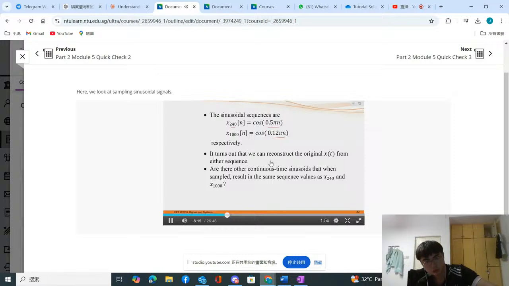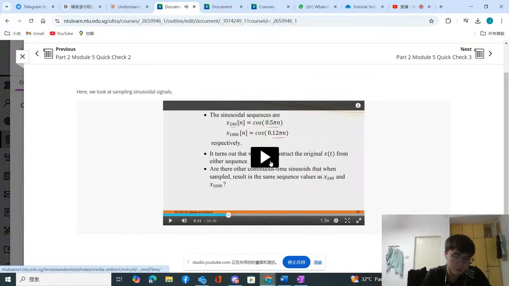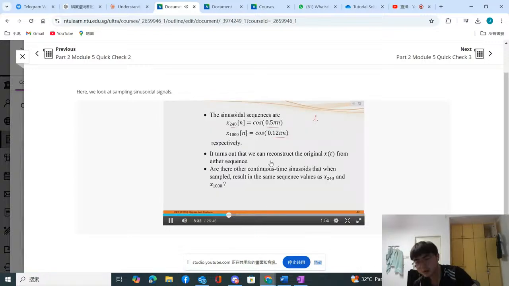And it turns out that we can actually reconstruct the original signal from either sequence, because of the fact that the original analog frequency is 60 hertz.